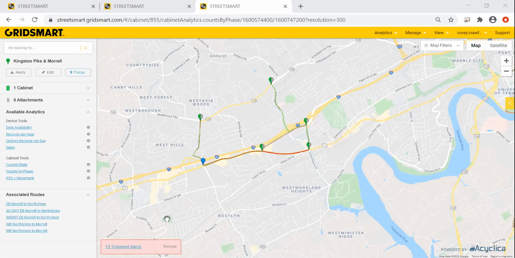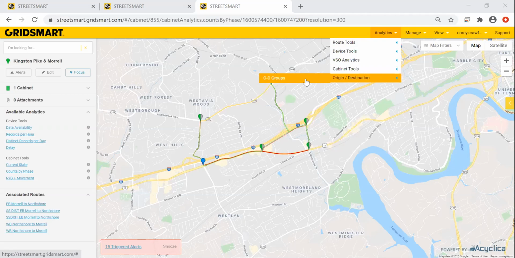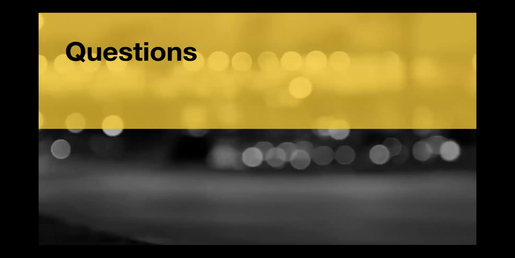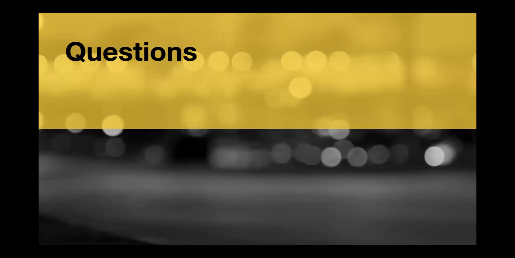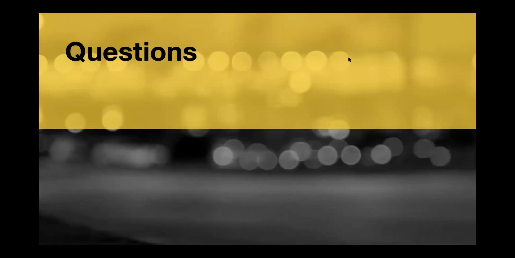From Michael, is the origin destination feature based on daily percentages, or can it determine morning, midday, and PM peaks? Yeah, that's a good question. So when I ran the report, again under this analytics tab, you can see that I can select whatever time frame I want to run it for.